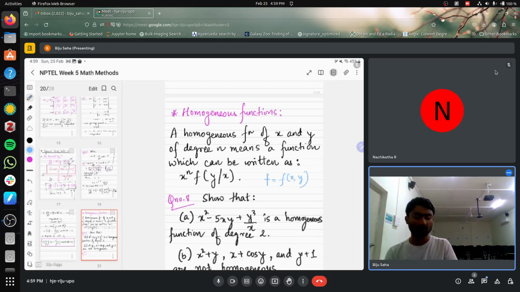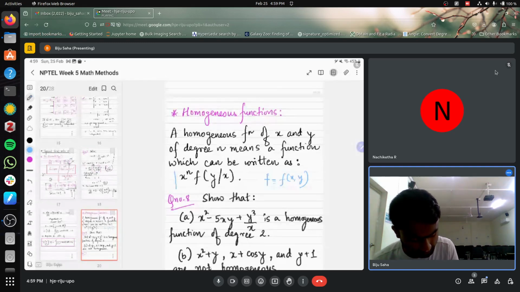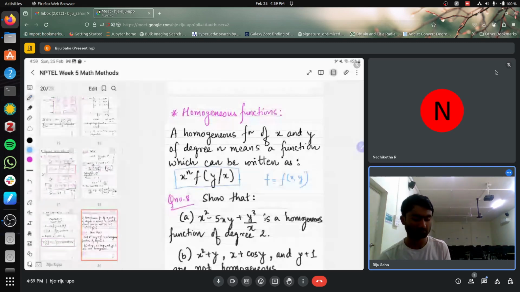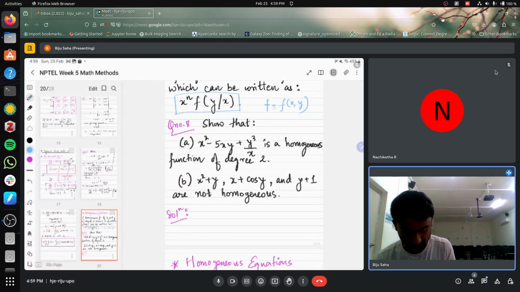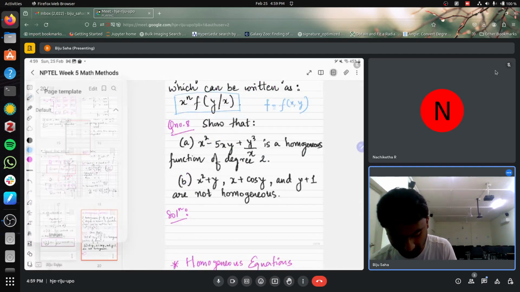If that function can be represented in this form, then you can conclude that your function is homogeneous and its degree is n. So let's quickly go towards finding the homogeneity of these two functions.